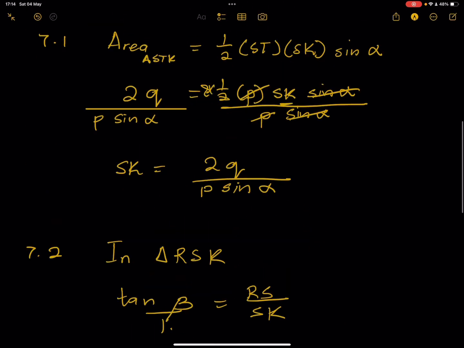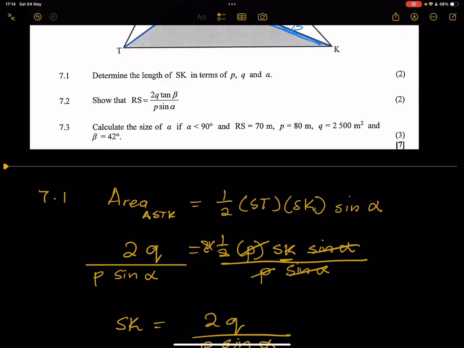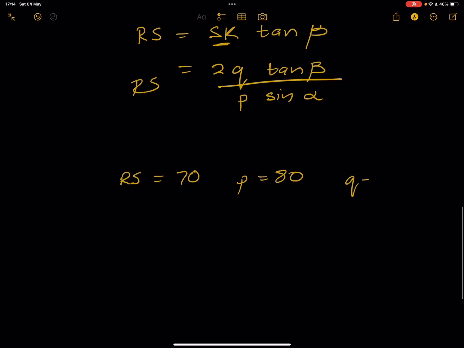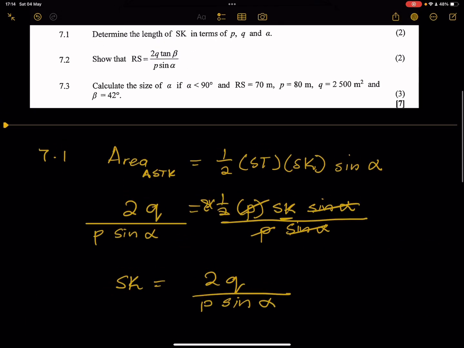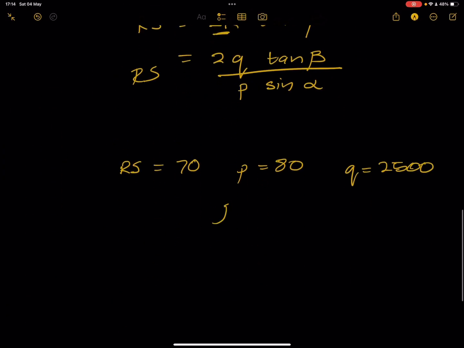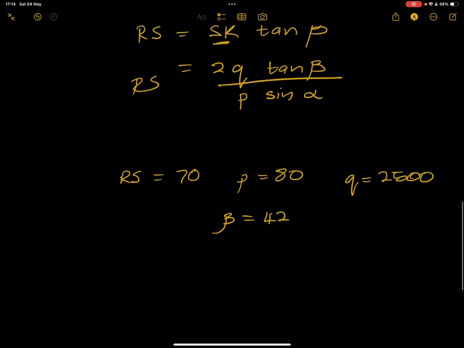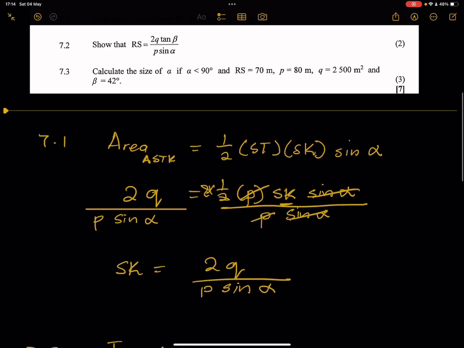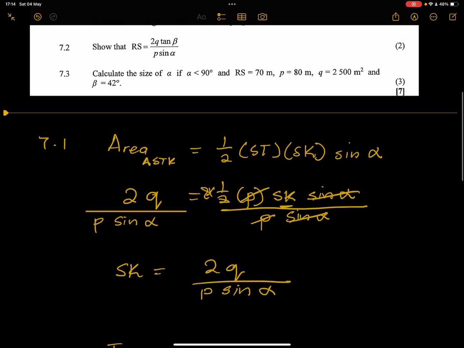And they've given us Q, remember that's the area, which is 2,500. And finally, they've also given us beta to be 42, right? That's 42. And they want us to calculate the size of alpha. All right, so let's do that quickly.